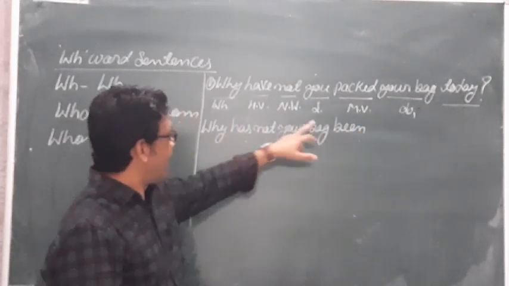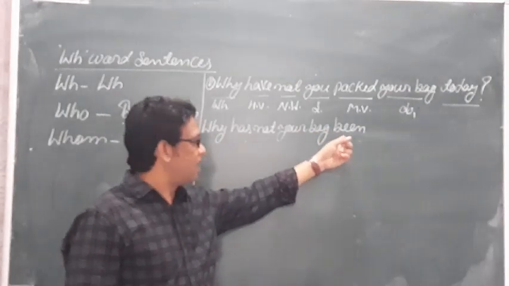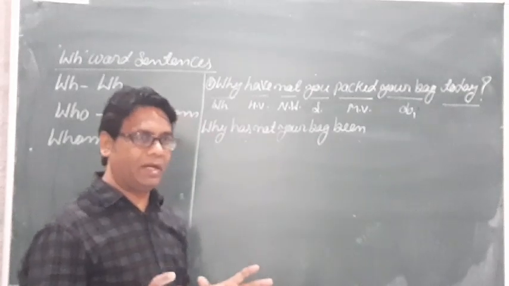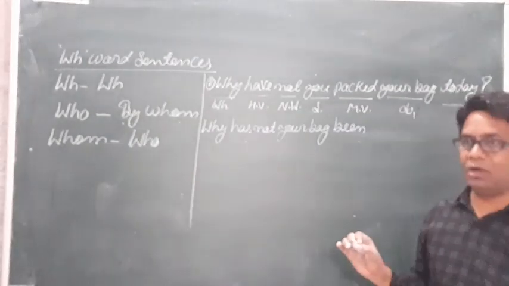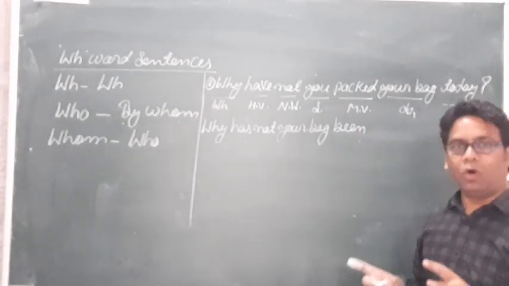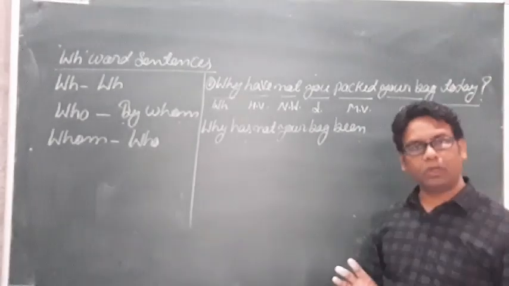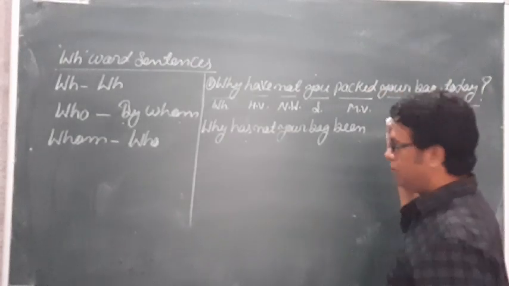This part of the helping verb will take place after the subject. We always keep in mind that when we separate any helping verb, the second part of the helping verb always comes before the main verb. Okay, so this is the main verb.